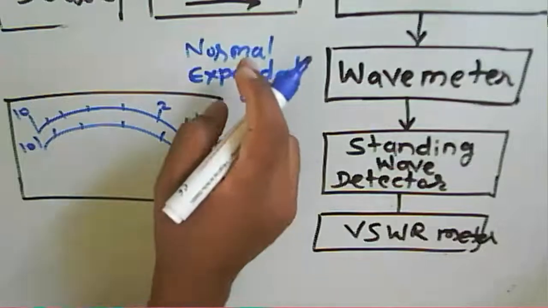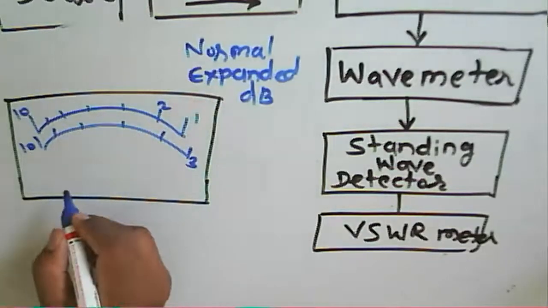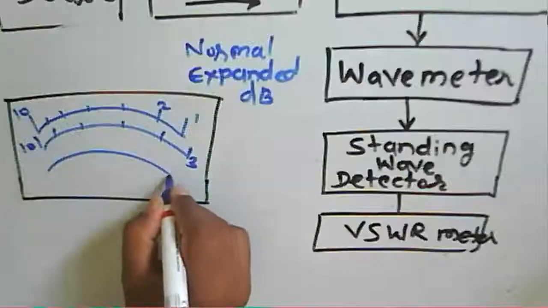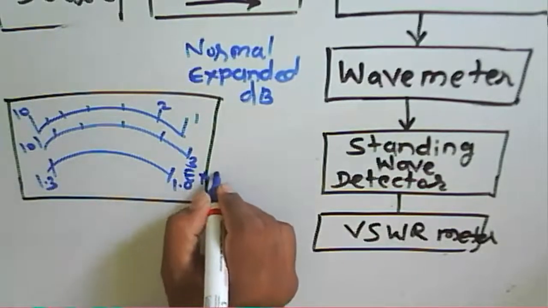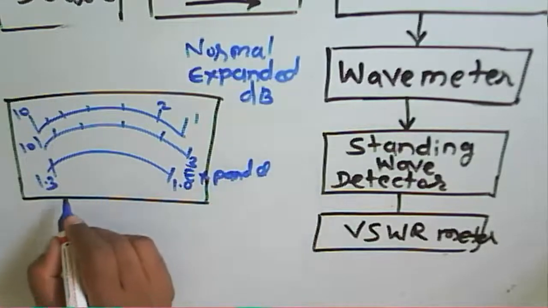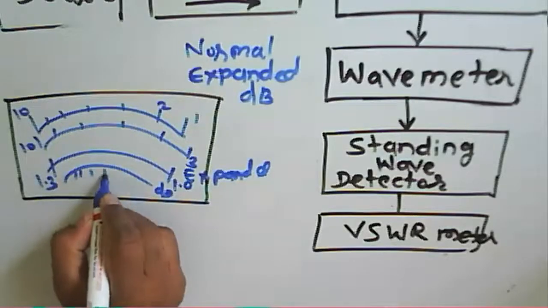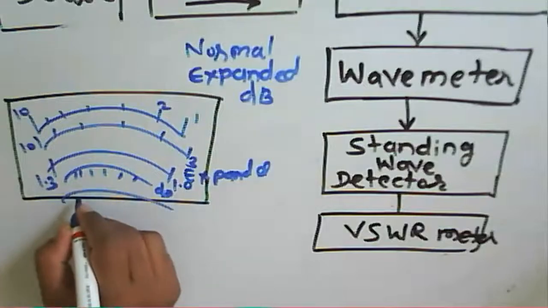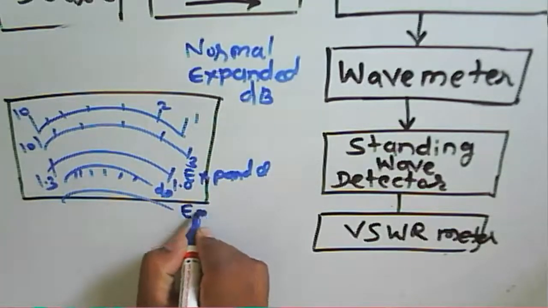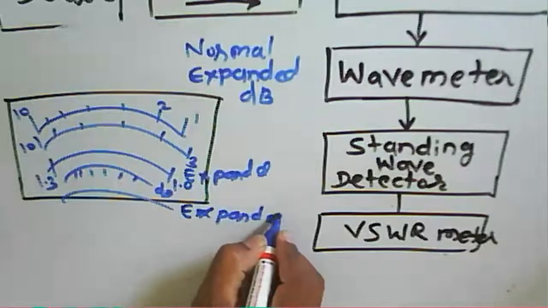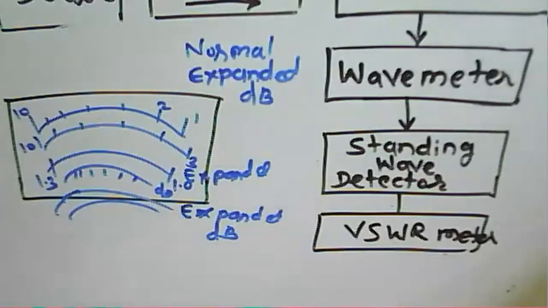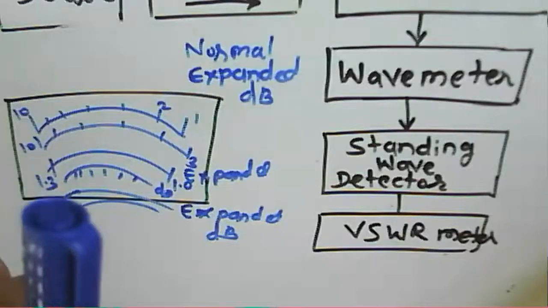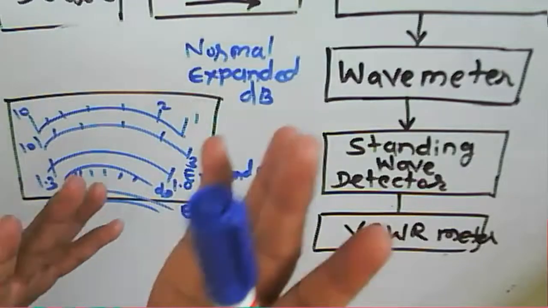We use the expanded scale to measure from 1 to 1.3. Below that there is a dB scale, and again another expanded dB scale. So we have different scales on the VSWR meter that are used to measure the standing wave, or the VSWR value.